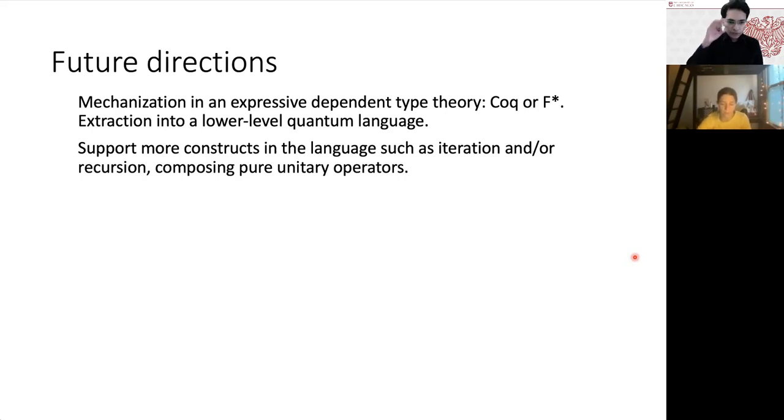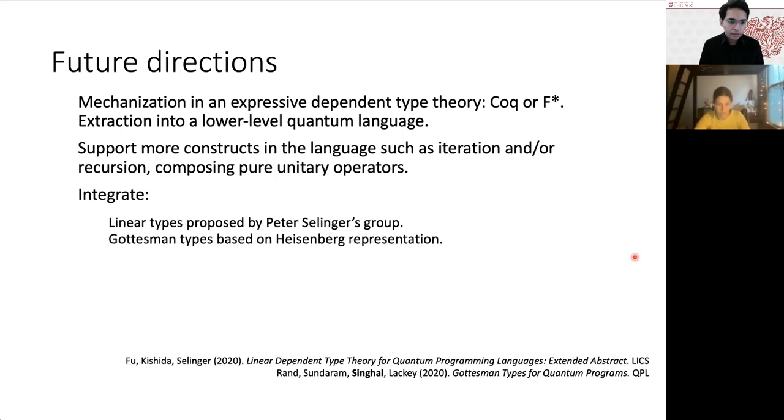Plus also a very interesting thing is just composing pure unitary operators, where composing unitary operators does not involve states. So incorporating that to construct new operators would be nice. And there is existing work which includes linear types in a dependent type setting by Peter Selinger's group.